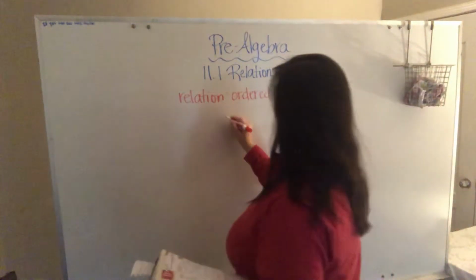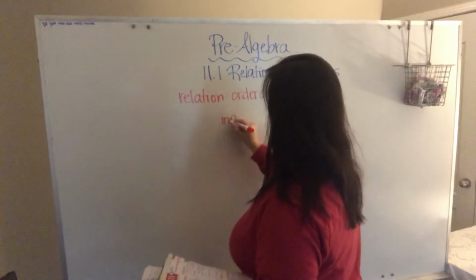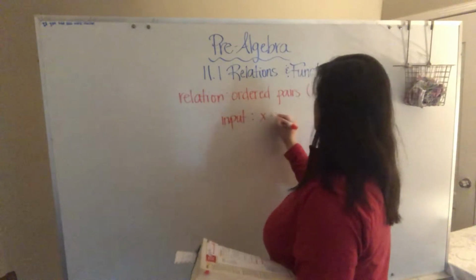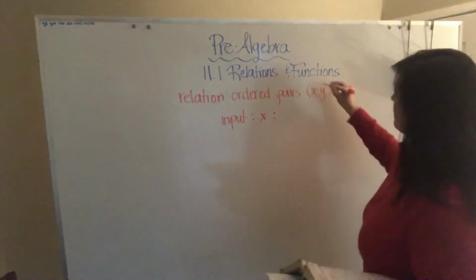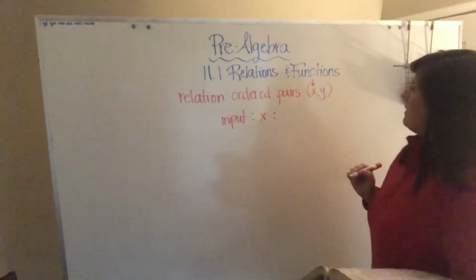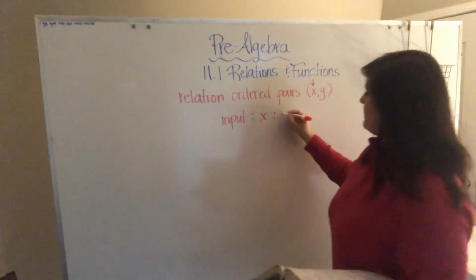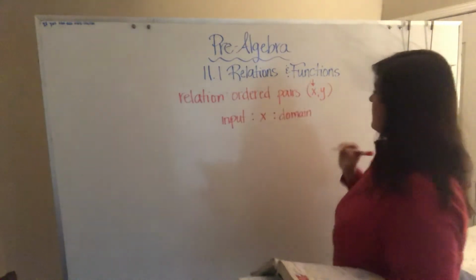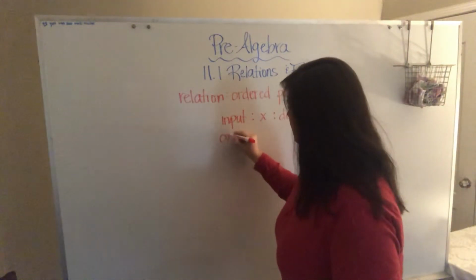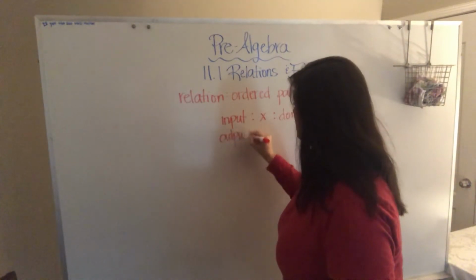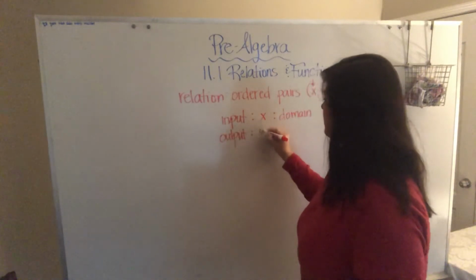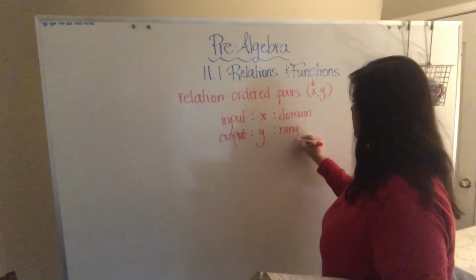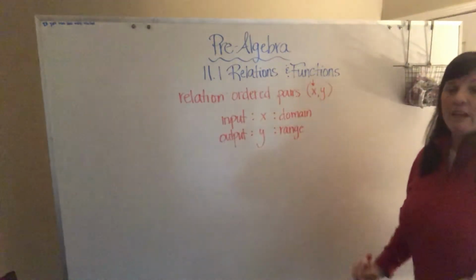One thing that will be good for you to recognize is that input, we're talking about the x values that go in. We also sometimes will call that the domain. The output, we're talking about the y values, and we often will refer to that as range.